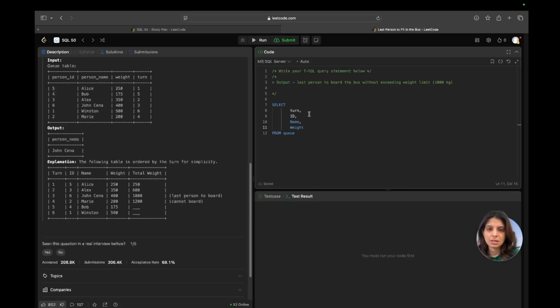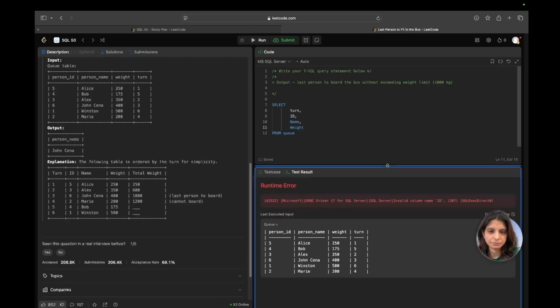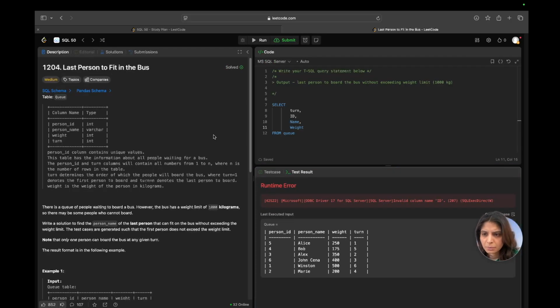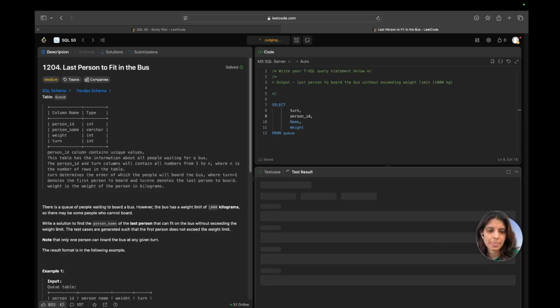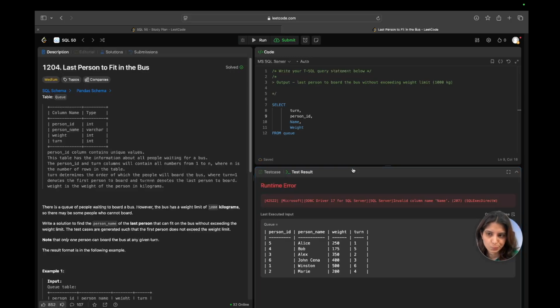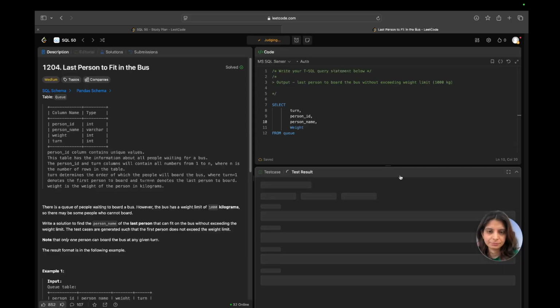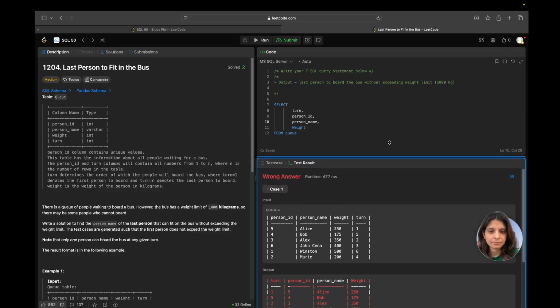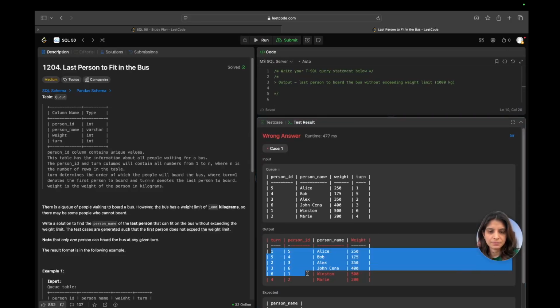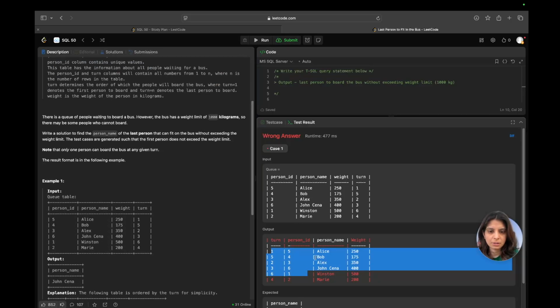This is all we have. I'll just run it to show you the data. What happened? Oh, there's no ID, this is person ID. Okay, it's the person name.